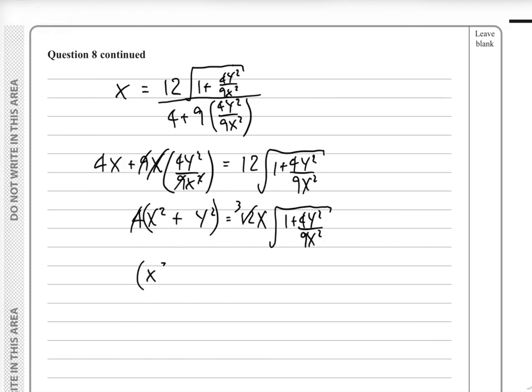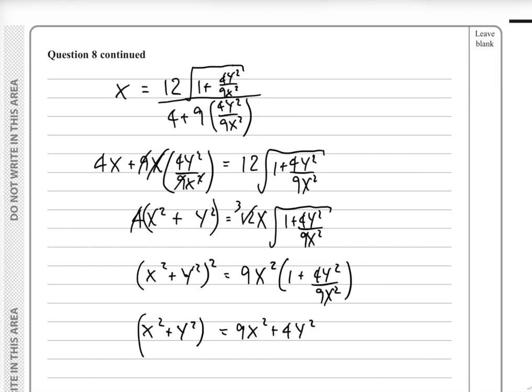And that gives us this awkward x squared plus y squared squared, which isn't very nice, but we know that we need in our expression from the question 9x squared times 1 plus 4y squared over 9x squared. Multiplying that out, we get 9x squared plus 4y squared.